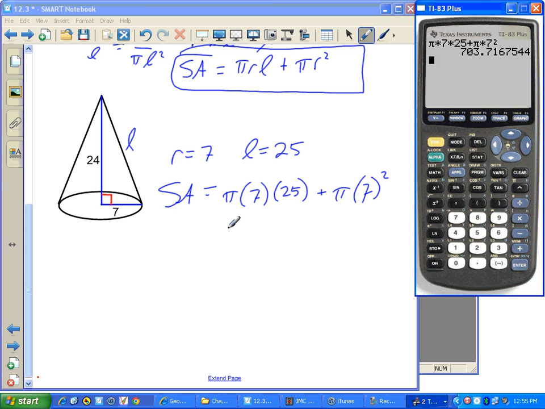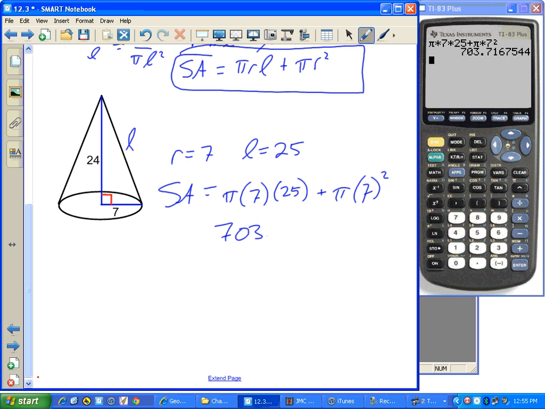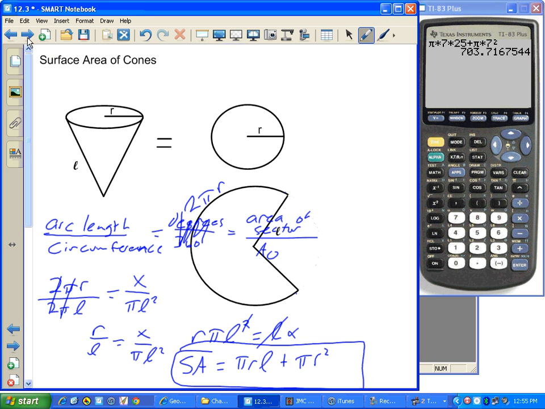And there's my surface area, 703.72. Whatever the units were here, let's say they're meters, this would be meters squared. And that's surface area of cones and pyramids.